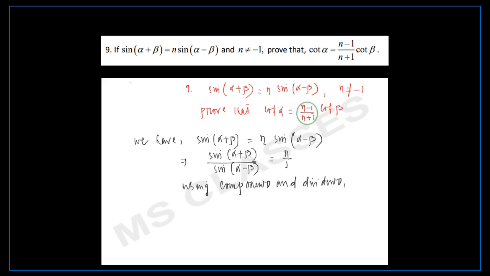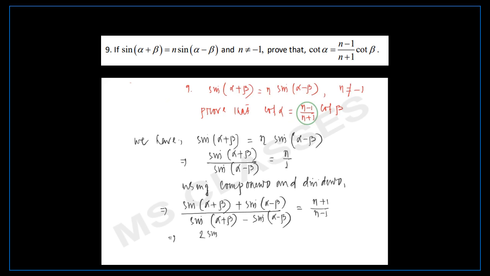What do we write? We get here sine alpha plus beta plus sine alpha minus beta, whole divided by sine alpha plus beta minus sine alpha minus beta, and that is n plus 1 by n minus 1. Just put the value and you get the result.